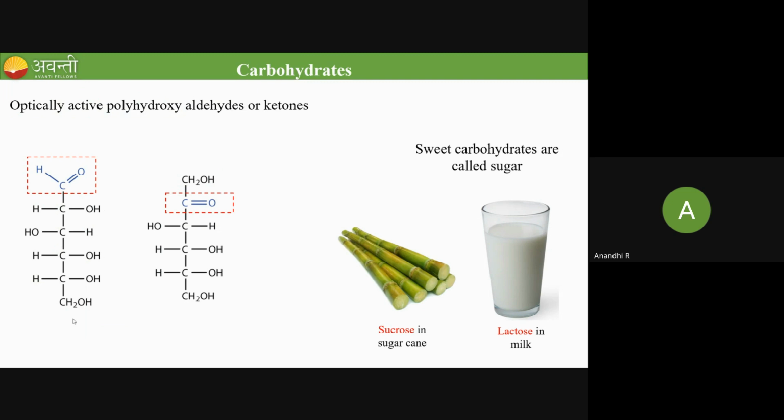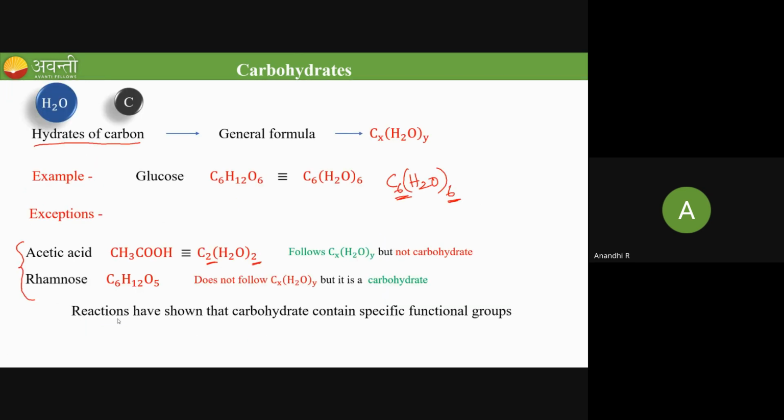Carbohydrates were called hydrates of carbon in the olden days, but now many compounds are falling into that particular formula but are not called carbohydrates. So the correct definition for carbohydrate is not hydrates of carbon. They are optically active polyhydroxyaldehydes and ketones. Got it? That is what I have been explaining so far.